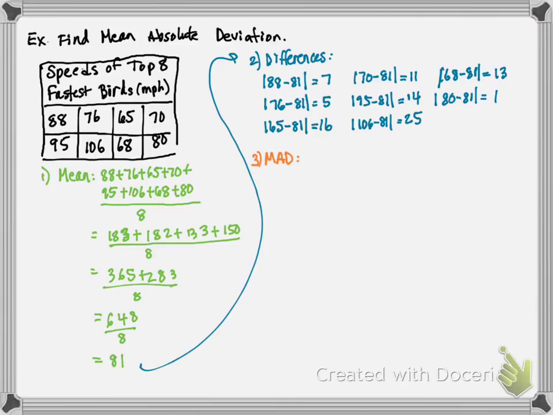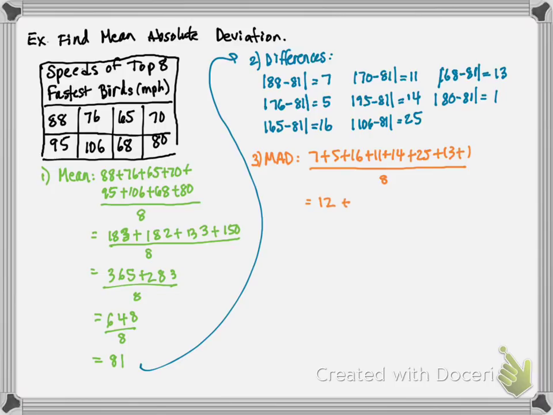So, did all that, and then we're going to do MAD. MAD says, let's take all of those absolute differences, 7 and 5 and 16 and 11 and 14 and 25 and 13 and 1. We're going to divide by how many numbers we just added, which is 8. Okay? So let's just add them 2 by 2.